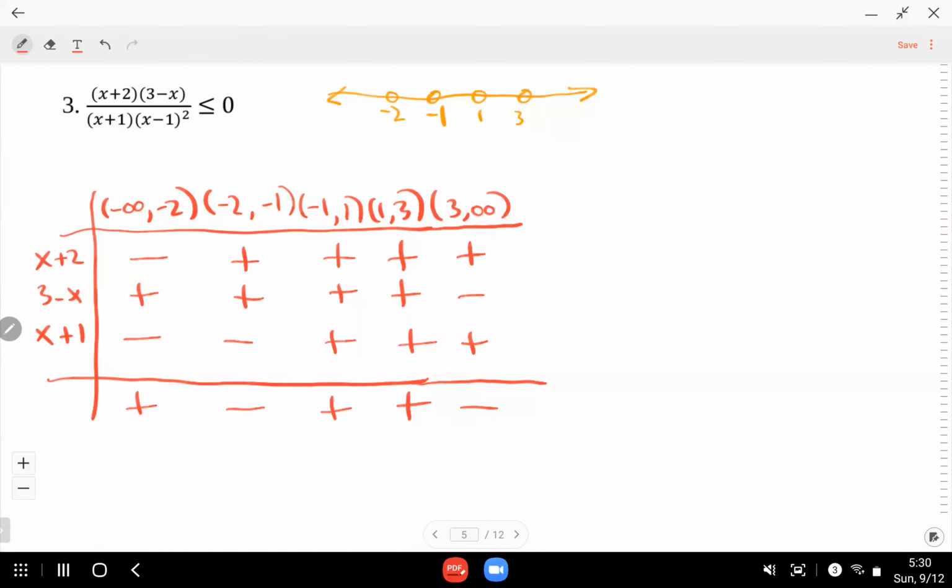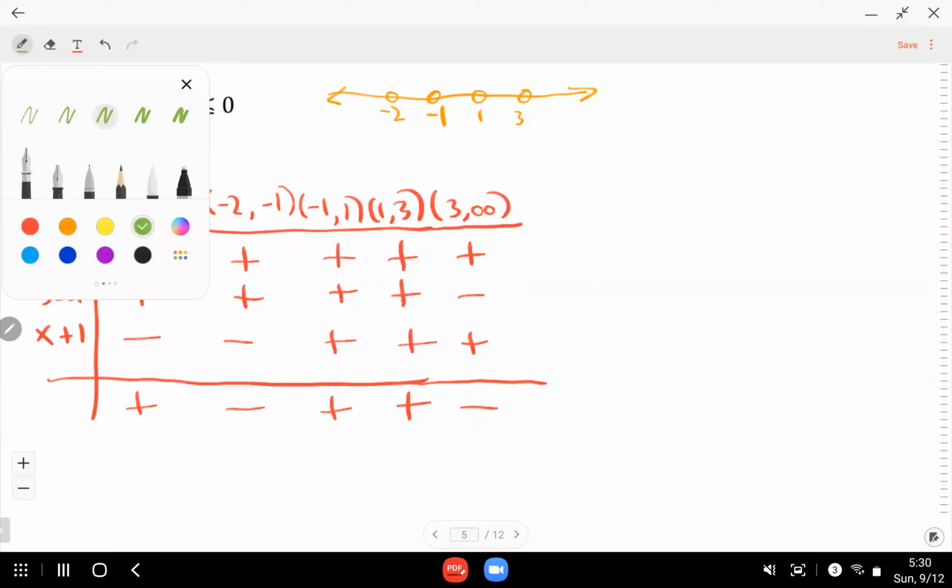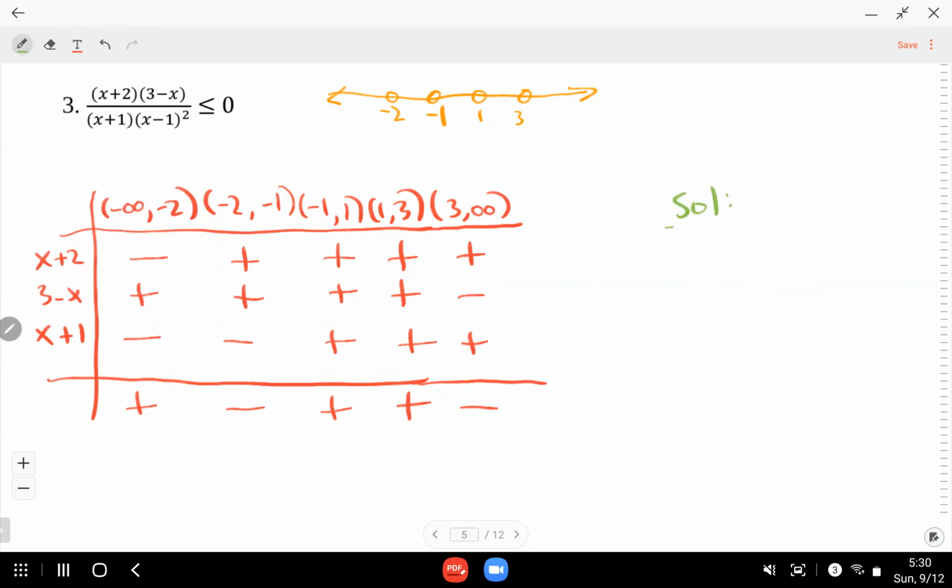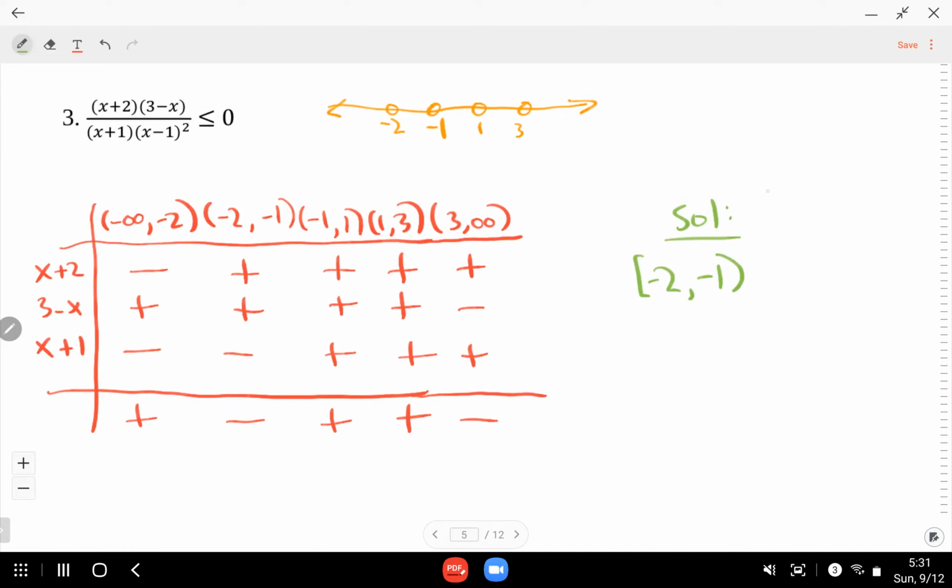So the solution to this would be -2 to -1, but not including -1, because if you get -1 as x, then the denominator of this fraction would be undefined, right? Because it's over 0, and that's undefined until we get to calculus, which is going to be a long time.